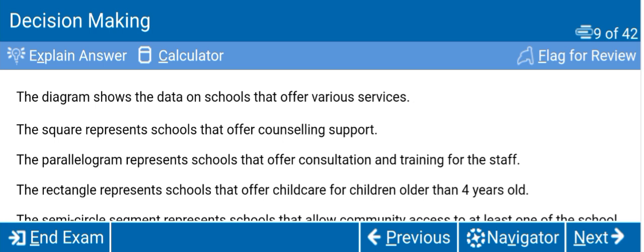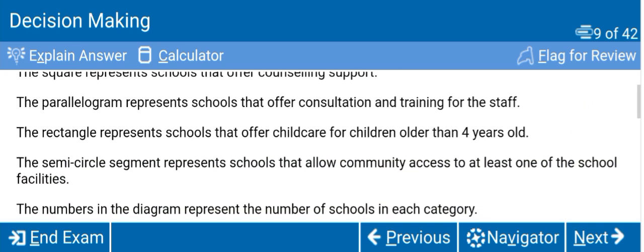The parallelogram represents schools that offer consultation and training for the staff. The rectangle represents schools that offer childcare for children older than 4 years old.